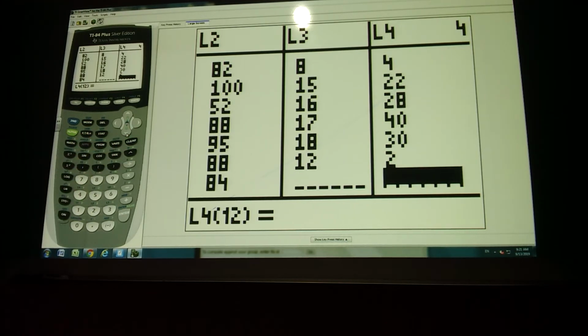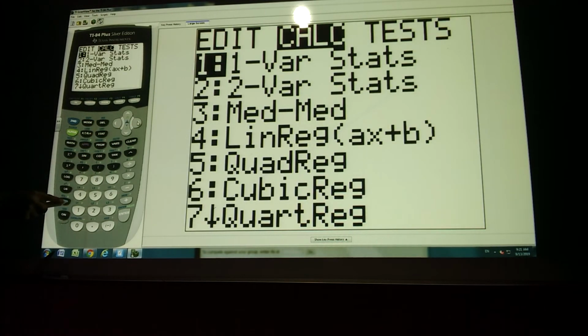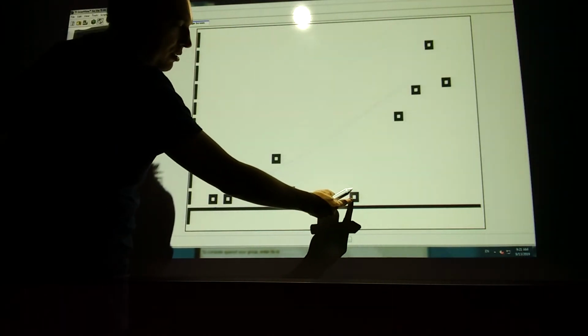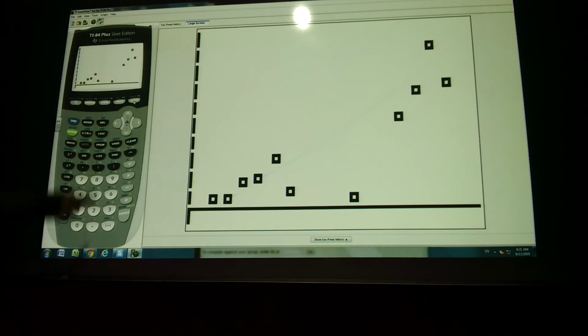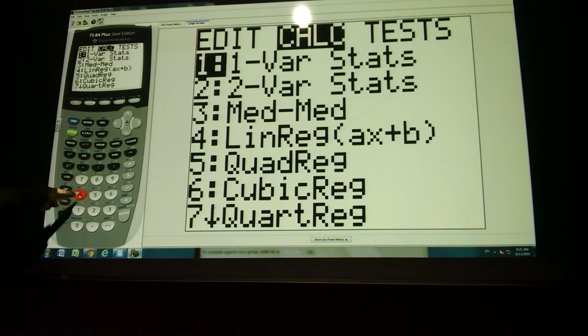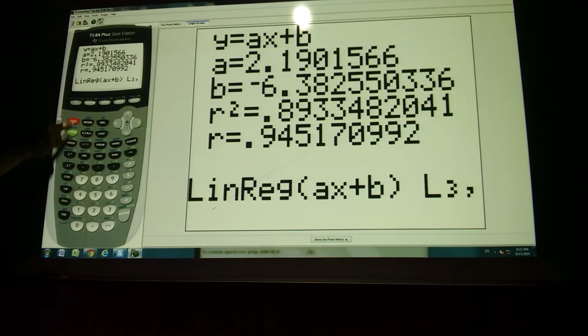Let's see what happens to R. Stat, calc. Oh, we can look at the graph. It's down there, okay. Let's see if R changes. 4, lin reg. Yours is probably list 1, list 2.